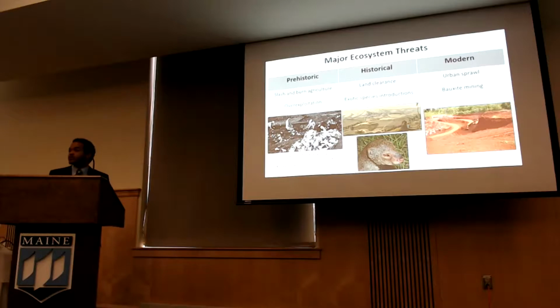In the historical period coinciding with colonialism in the region, we see the removal of native vegetation and land clearance becoming an issue, and also the introduction of exotic species, including both competitors like Old World rats, and also predators such as Herpestes auropunctatus, which is the mongoose pictured on the slide. And in more modern times, we have urban sprawl threatening ecosystems, and also bauxite mining, where large swaths of land are cleared, and then bauxite is removed and exported to resource-rich countries, such as those in Scandinavia and Canada, in order to be processed and then to make aluminum.